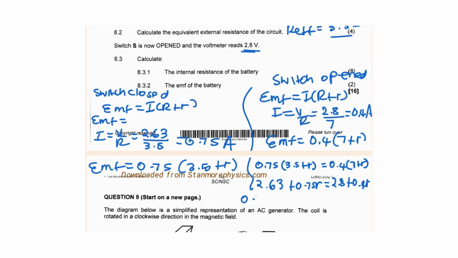So I'm going to move the numbers to one side. 0.75 r minus 0.4 r equals 2.8 minus 2.63. So 0.75 minus 0.4 gives me 0.35. 0.35 r equals 2.8 minus 2.63, which gives me 0.17.